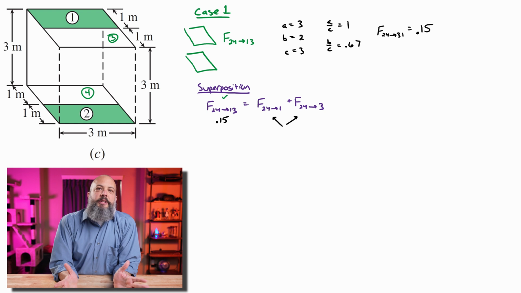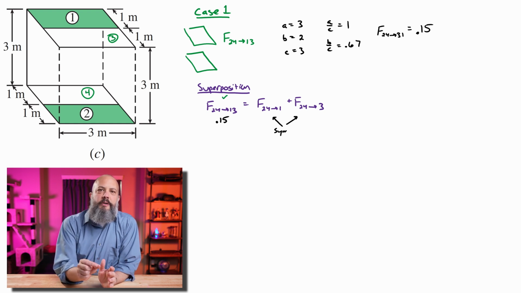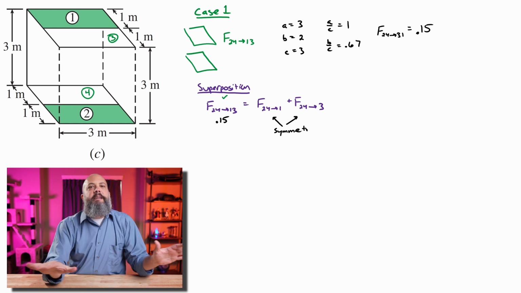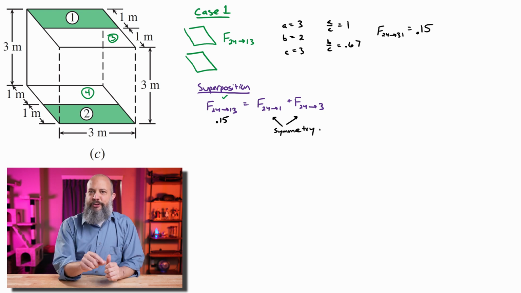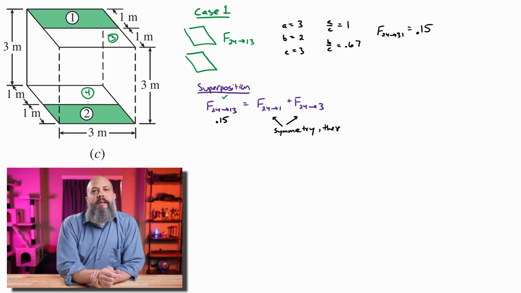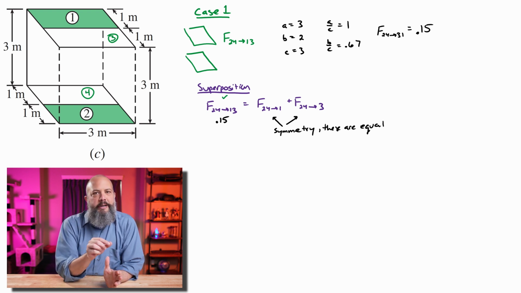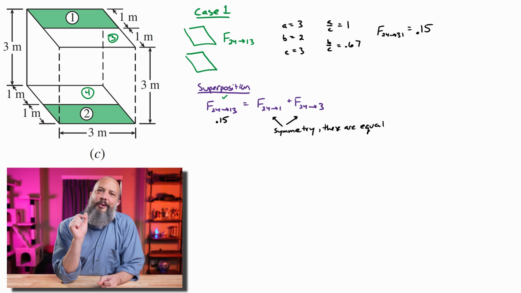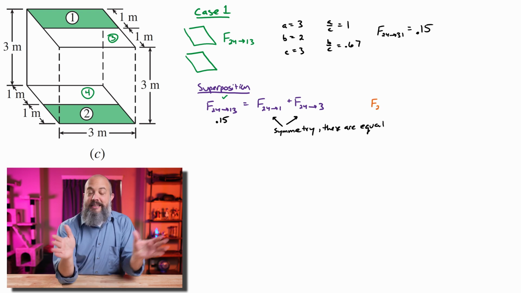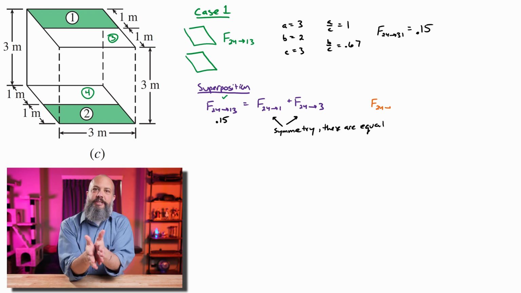All right, so now we jump into superposition, F24 to 1,3. We're going to split 2,4 to 1 and 2,4 to 3. Now we know that F24 to 13 is 0.15, but we don't have any way to solve 24 to 1 or 24 to 3. However, you can tell based on symmetry that these two are going to have to be equal to each other.